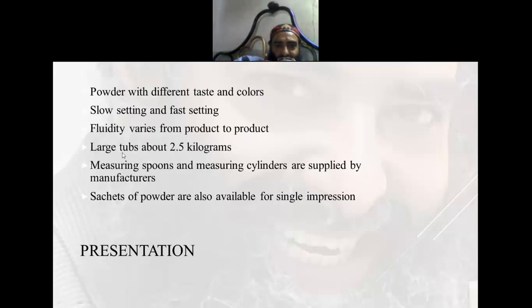Measuring spoons, like teaspoons and other spoons, and measuring cylinders are supplied by manufacturers. Usually they are supplied with the material. Sachets of powder are also available for a single impression. These are the presentations of this material.